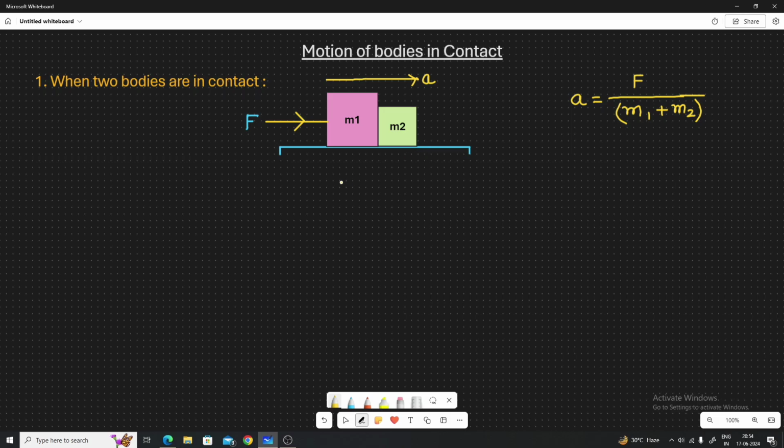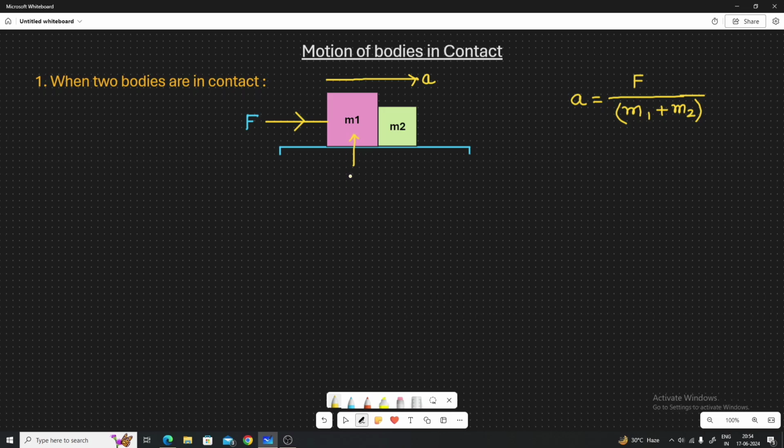Now if the acceleration is a, then what is the force on the mass m1? As the mass m1 is moving with acceleration a, and m2 will also move with acceleration a, what is the force on m1?